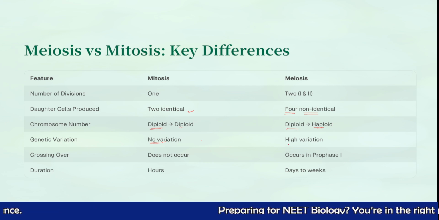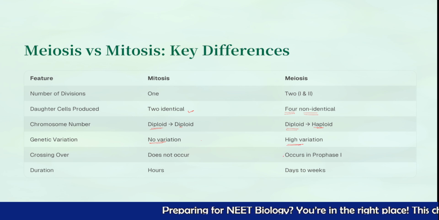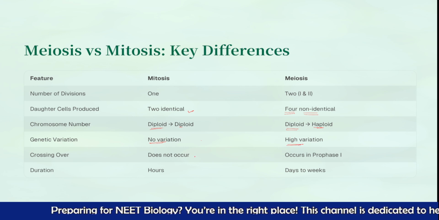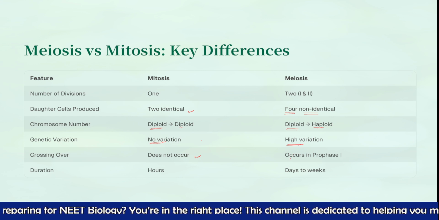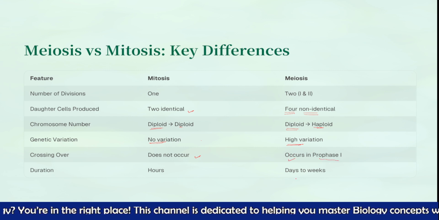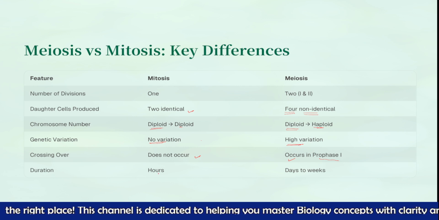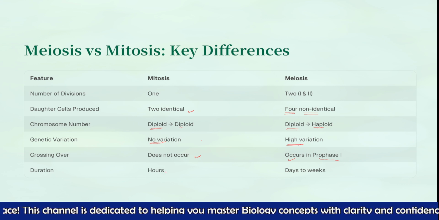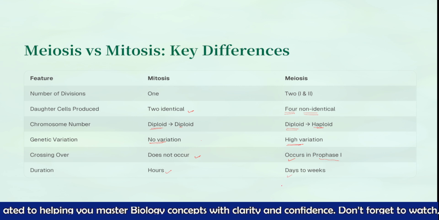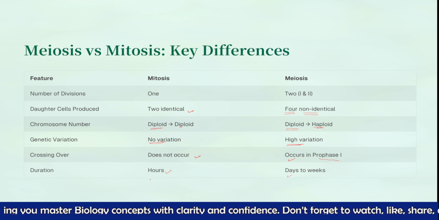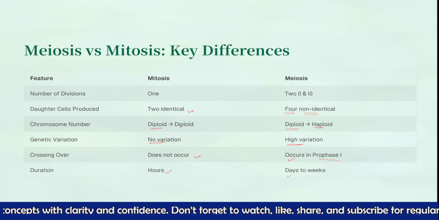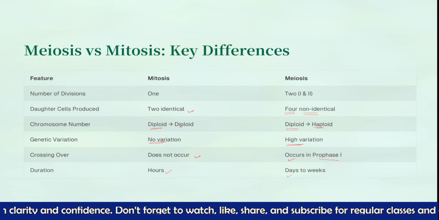But in meiosis there will be high variation due to recombination. In mitosis crossing over does not occur, but in meiosis crossing over occurs in prophase 1. The duration of mitosis is very short compared to meiosis. Meiosis is very long compared to mitosis, and we know the longest phase of meiosis is prophase 1.